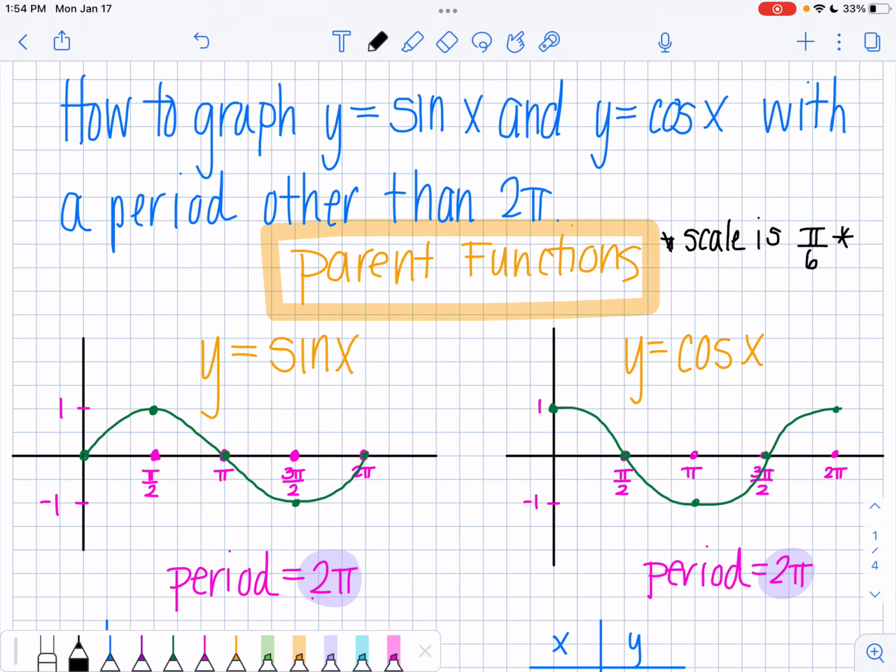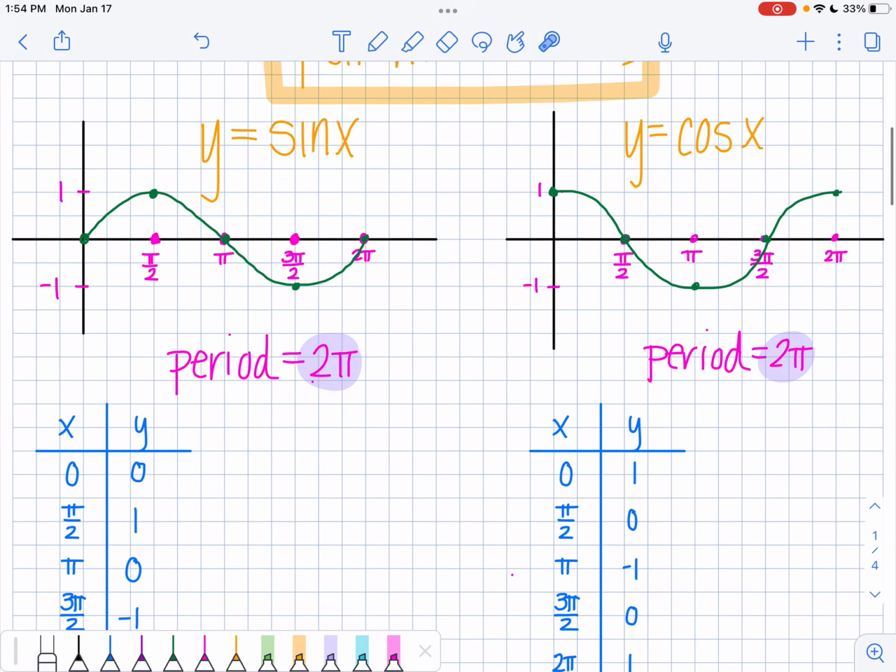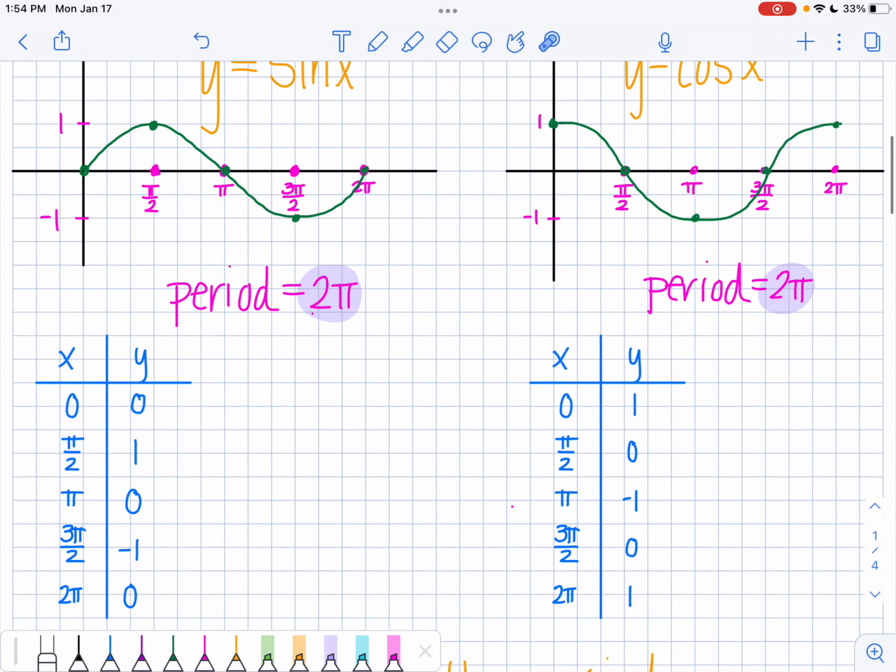So I went ahead and graphed just the parent function of sine and the parent function of cosine. I just re-emphasized that our period was 2 pi. And I put down here all of the points that I have graphed. Now, the main thing about changing the period is to understand that all these points are equally spaced.